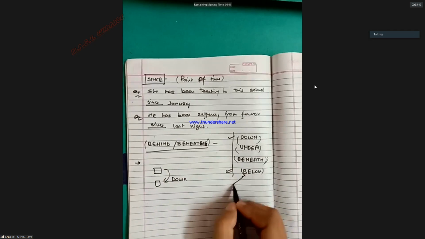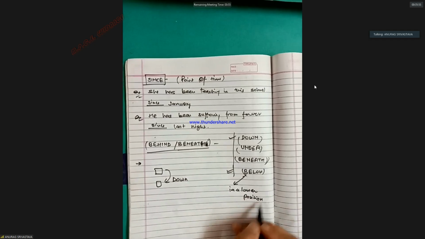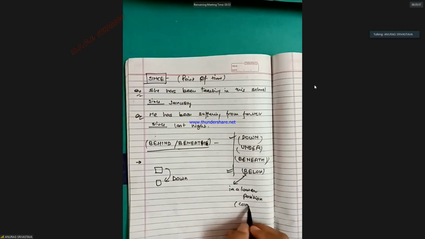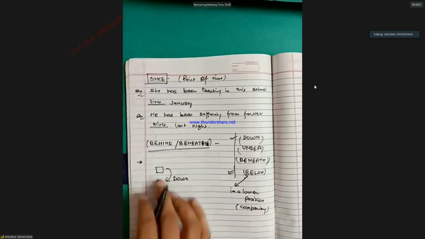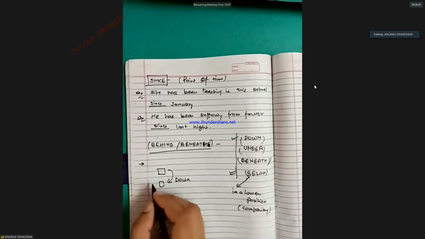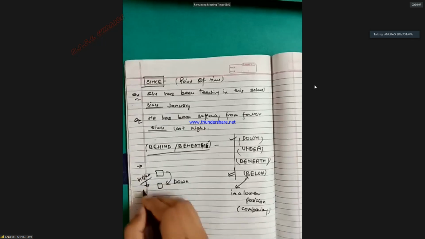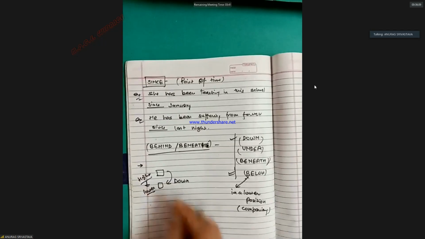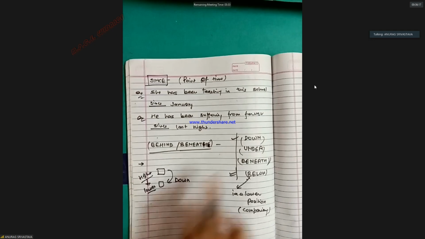In a lower position while comparing with something. If we have a higher position and a lower position, then we denote it with down.